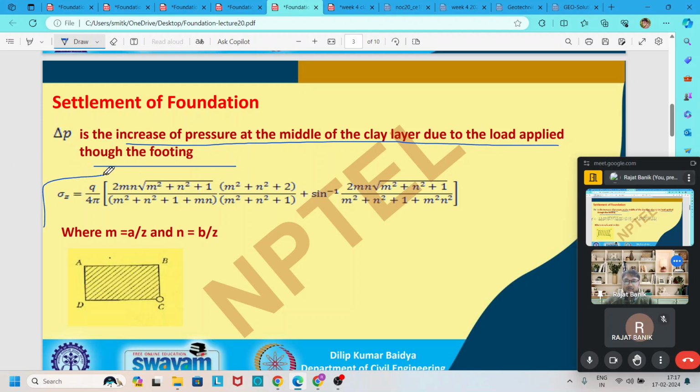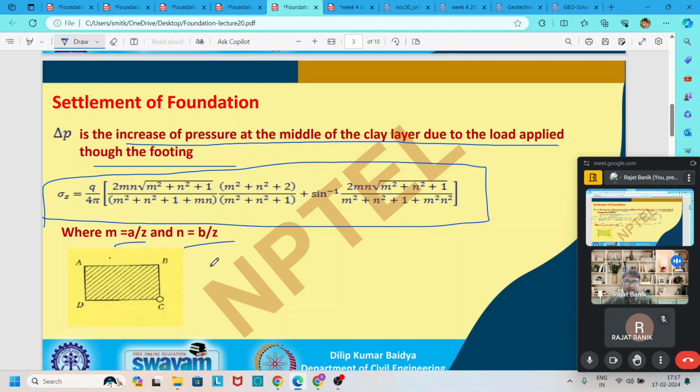We find out by this big formula, where m is a by z, n is b by z. Z is the depth at which we find out our del P, b is the width of the foundation, and a is the length of the foundation. q is the pressure on the footing which is coming from the structure. So by this big formula, we find out our del P.